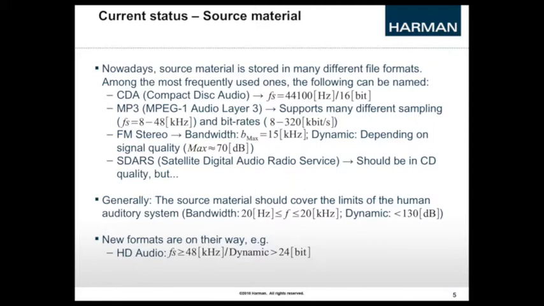We should also take a look at the compressed formats, and they are scalable. So therefore, they can vary between 8 and 48 kilohertz, and have a bit rate of 8 to 320 kilobits per second. So therefore, it is not so easy to say compressed formats are bad, because it depends whether they are recorded with high sampling rates and high bit rates.